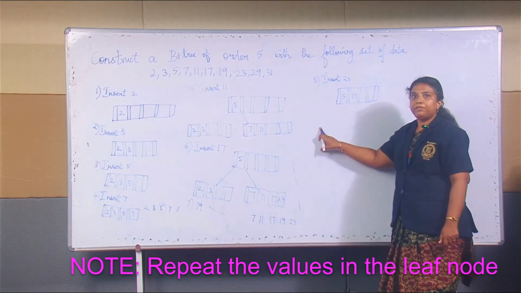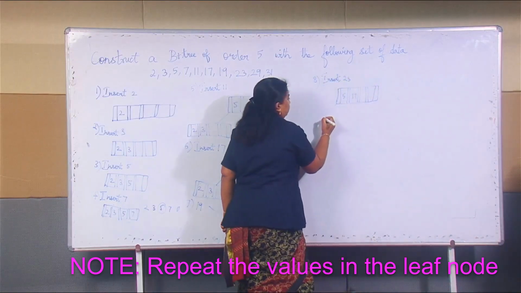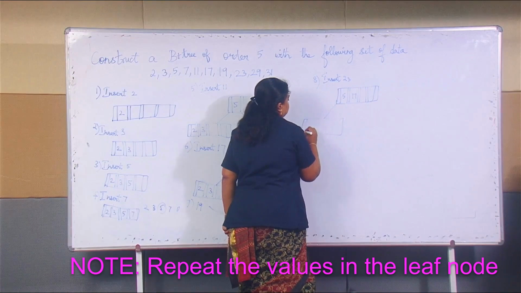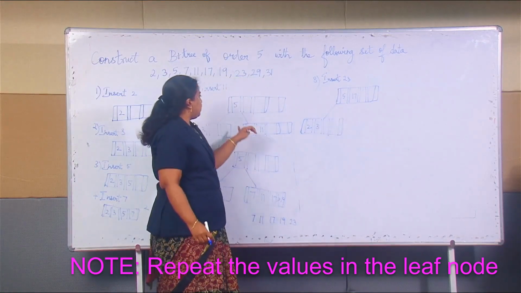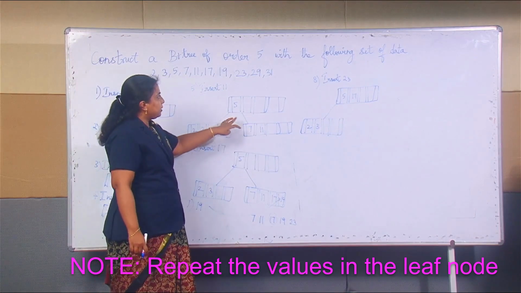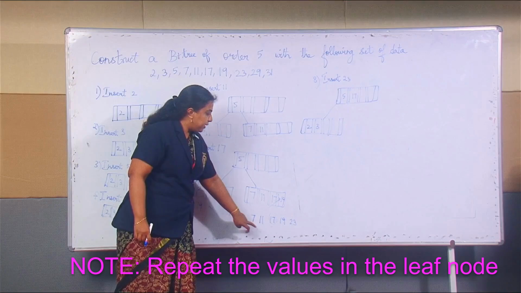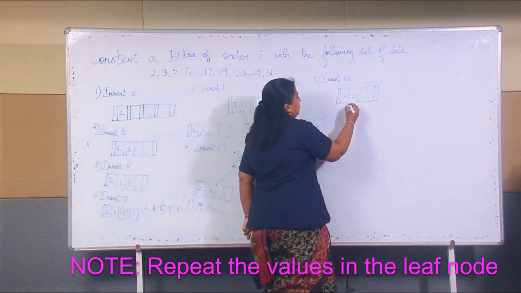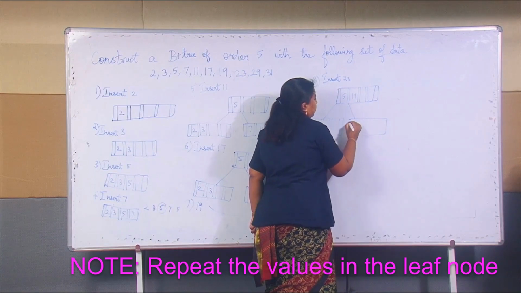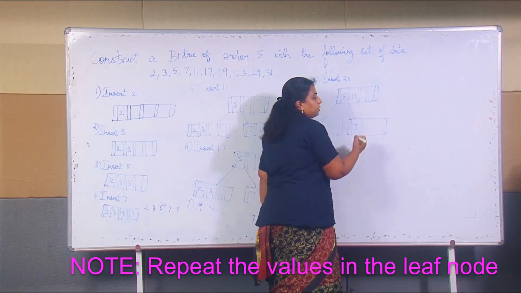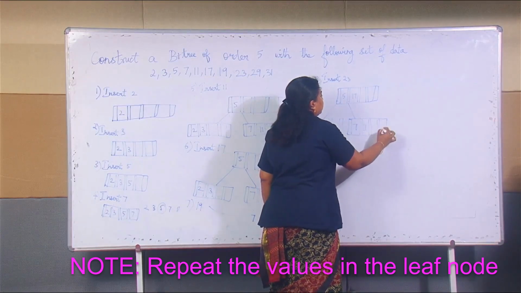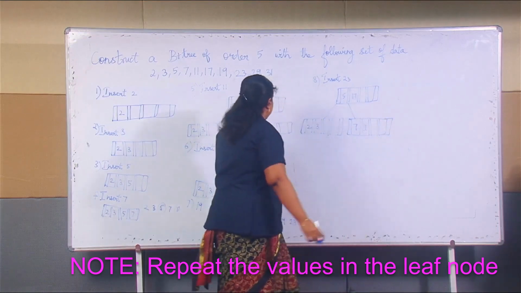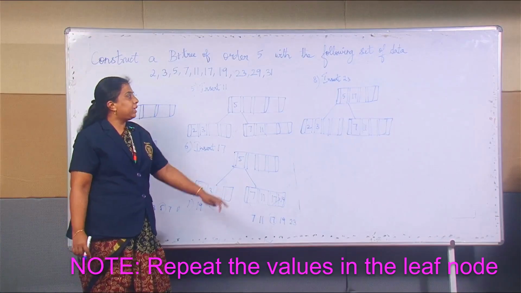Then on the left hand side of 5 we have 2 and 3, and between 5 and 17 we have 7 and 11. Then after 17 we have 19 and 23.